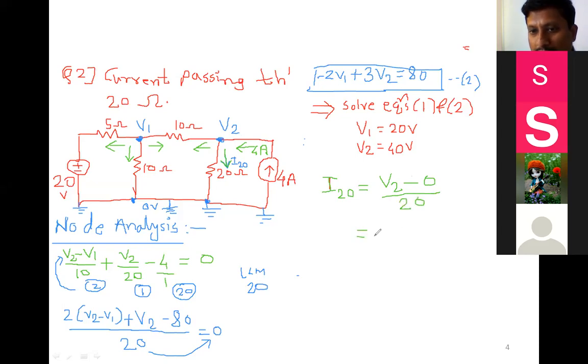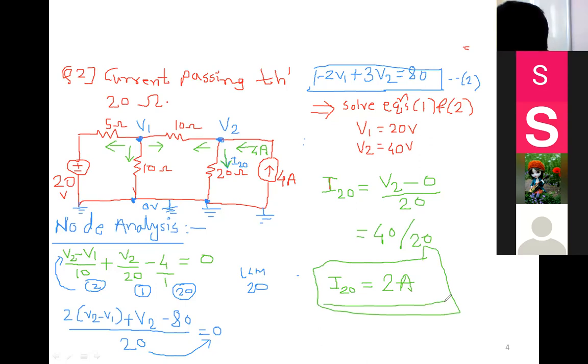So V2 value is 40 divided by this resistor 20. So I20 will give 2 ampere. So this will be your final answer. I20 is equal to 2 ampere.